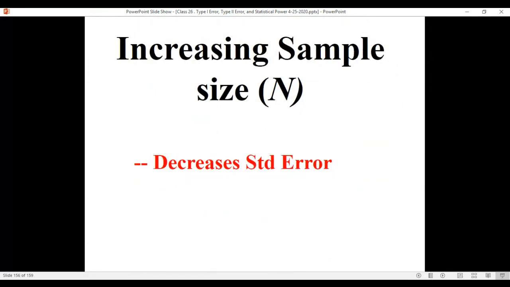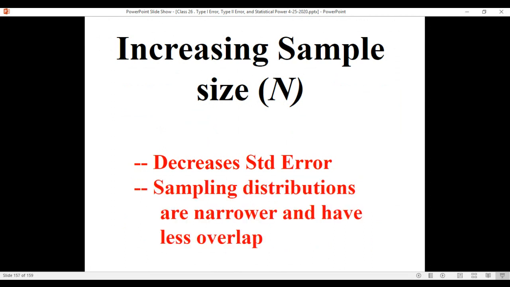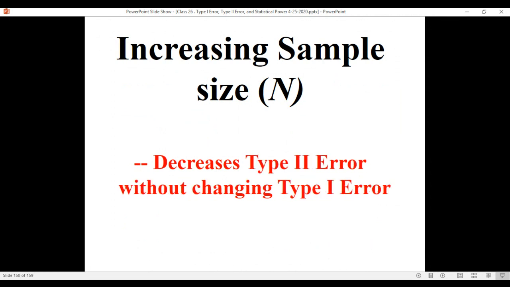So, what's the moral? Increasing sample size decreases the standard error of the sampling distributions. When the standard error is smaller, the sampling distributions are narrower and there's less overlap between them. This decreases beta, the probability of type 2 error, without changing alpha, the probability of type 1 error.